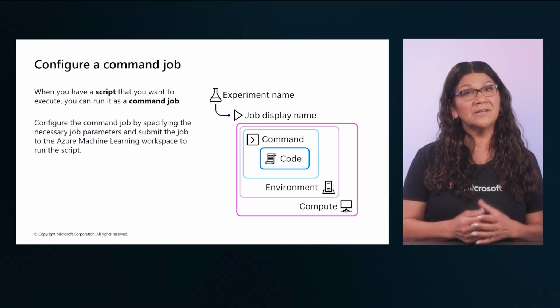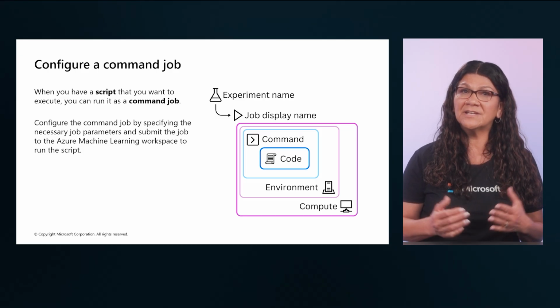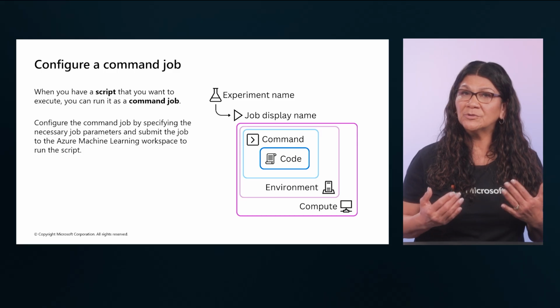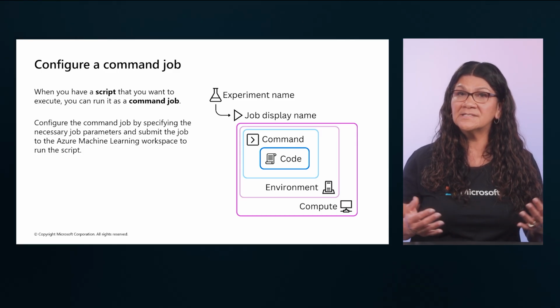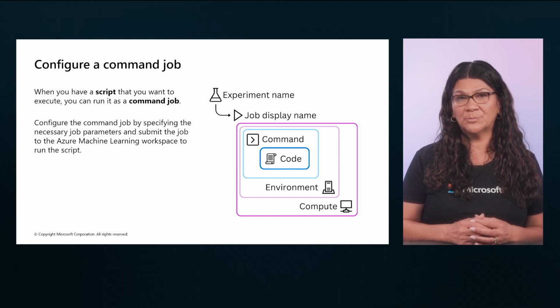When you're ready to run a training script in Azure Machine Learning at scale, you package it as a command job, a repeatable, trackable unit of execution that runs in your workspace with the right code, dependencies, and compute.